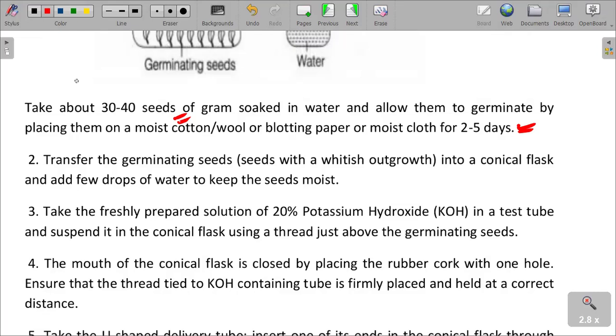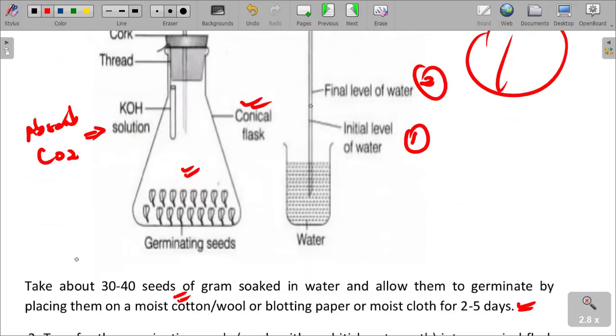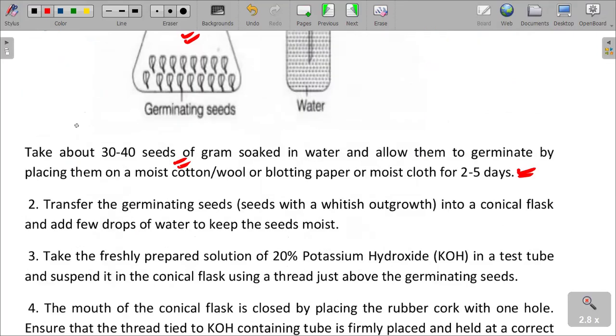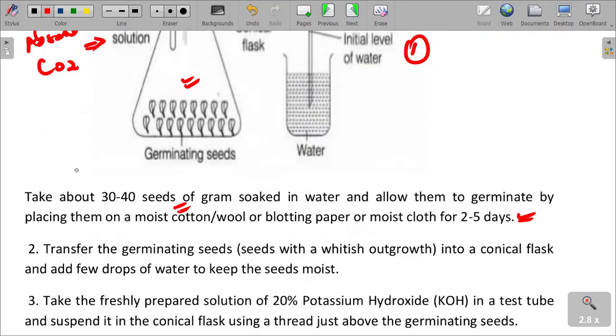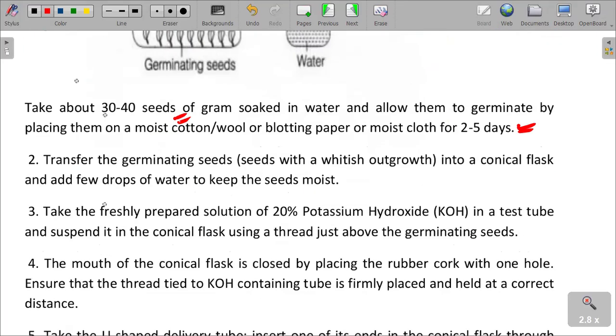Transfer the germinating seeds with whitish outgrowth into a conical flask, as you can see here, and add a few drops of water to keep the seeds moist.